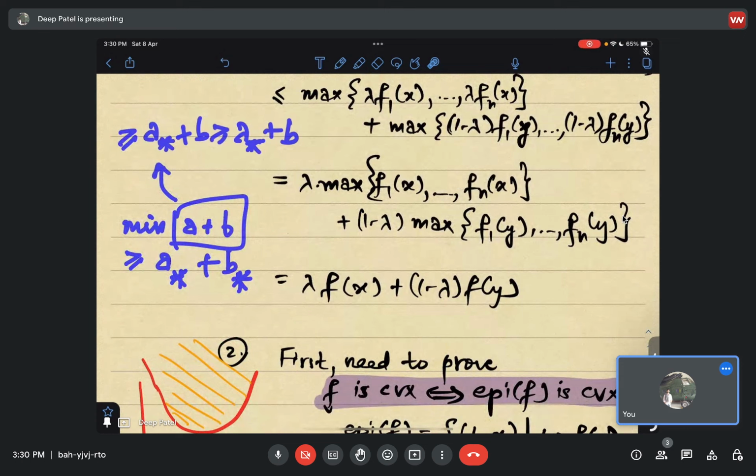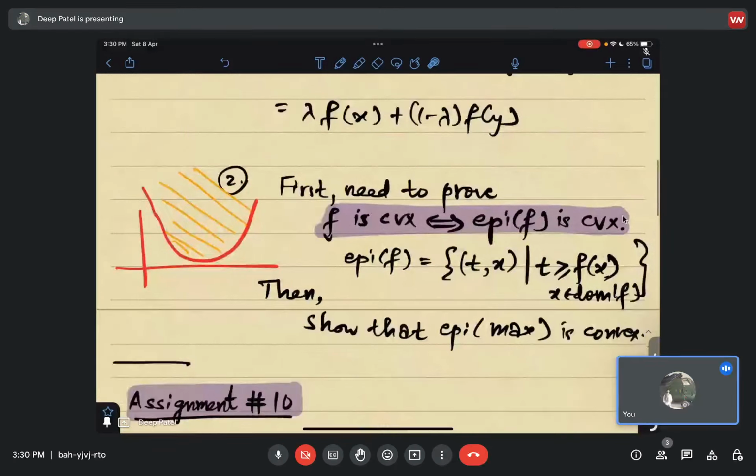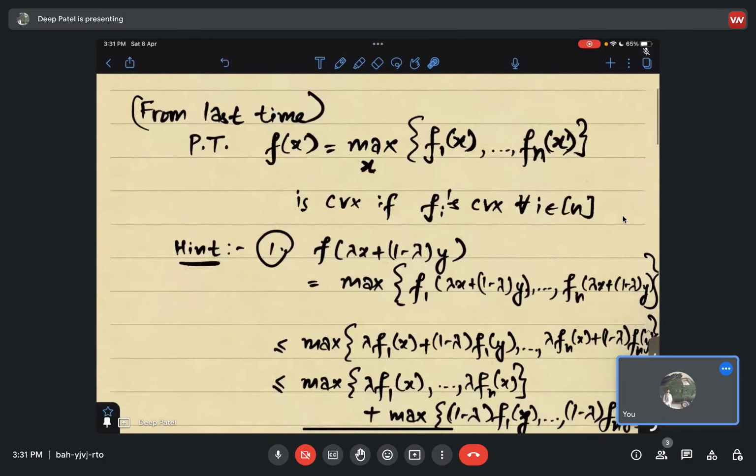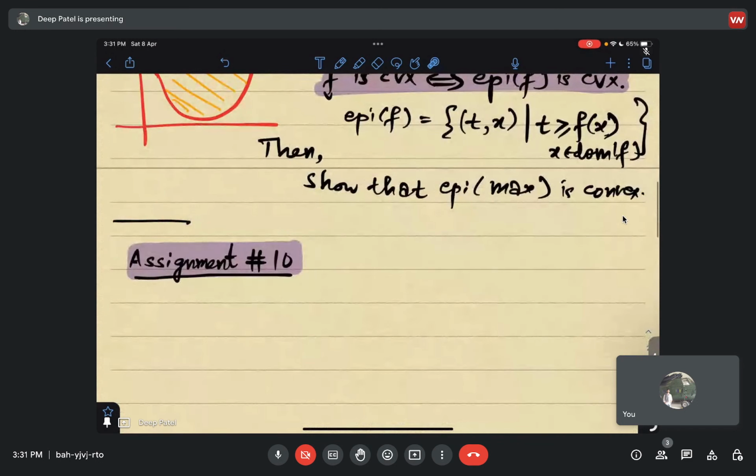The argument is similar, but hopefully this gives you the idea how to go about it. And because the function or the minimum function need not be linear, we cannot guarantee a strict equality. We just keep it as greater than or equal to or less than or equal to, whether it's a sup or an inf, accordingly.